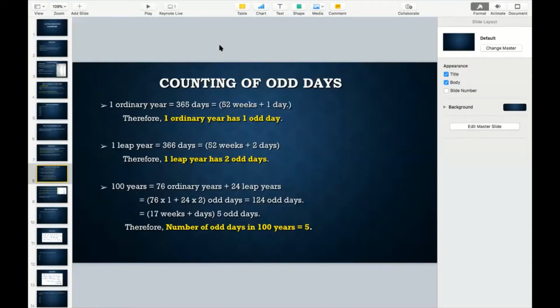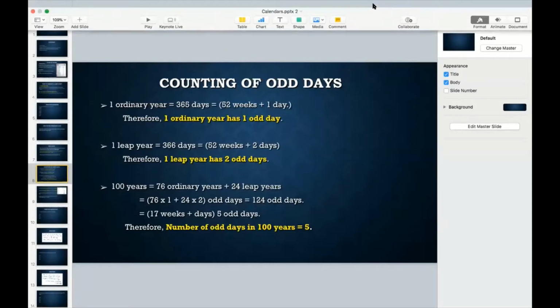But 100 is not a leap year, right? So we will not have 25 leap years in the first 100 years. We will have 24 leap years, because the 100th year is not a leap year.